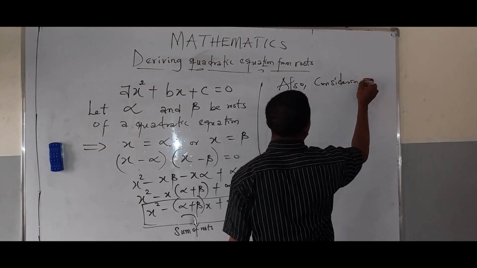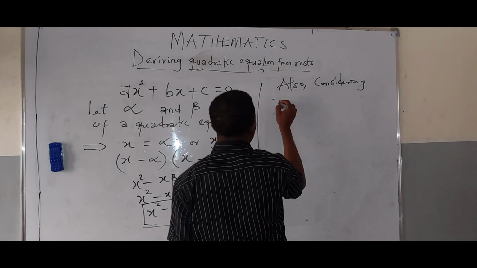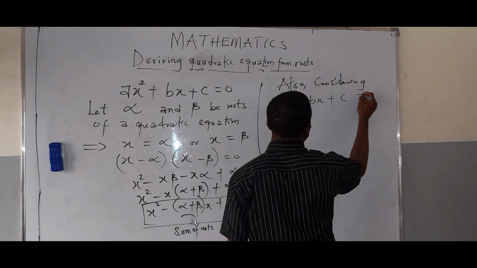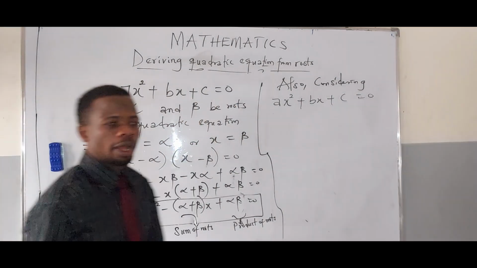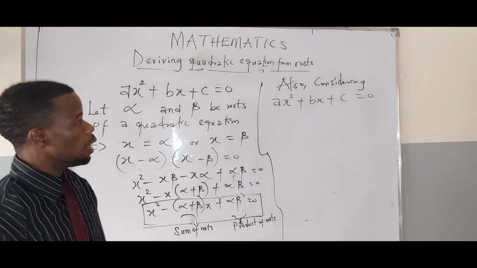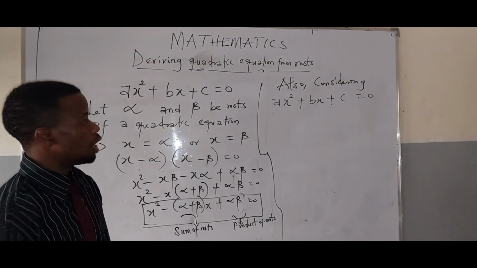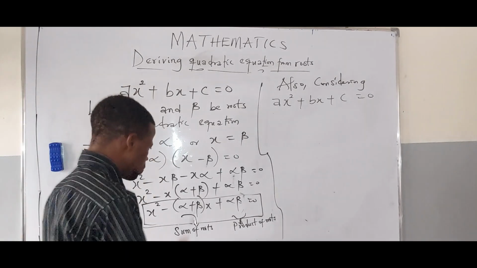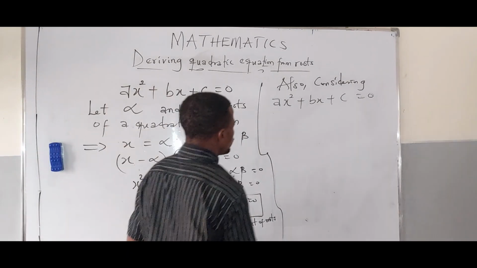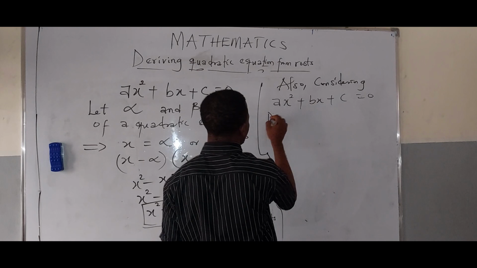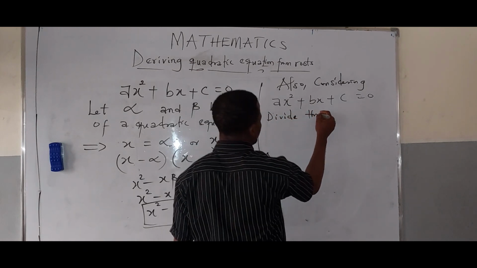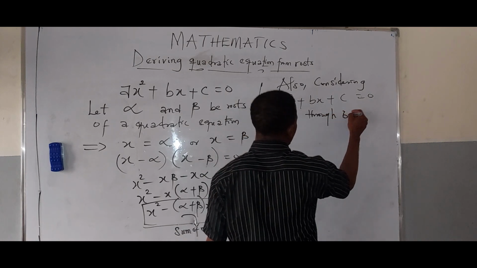Considering the general form of a quadratic equation, ax squared plus bx plus c is equal to 0, we want to also get the sum and product from there. What do we do? Divide it through by a.